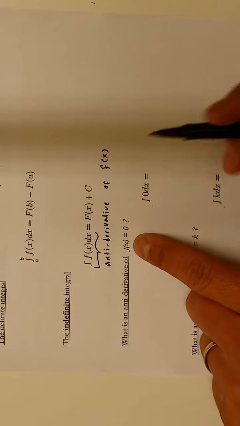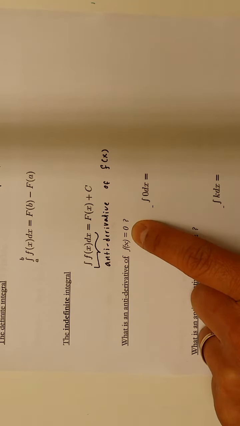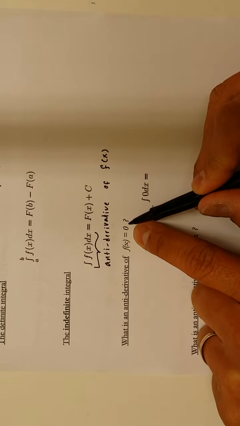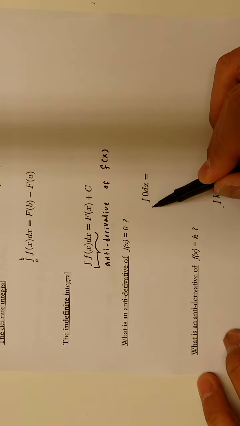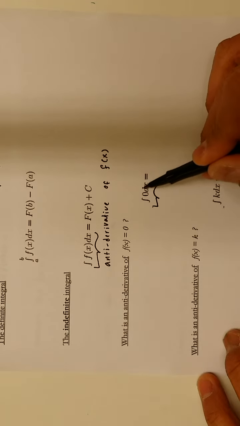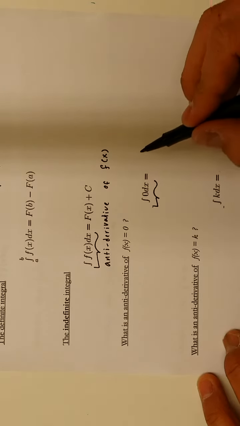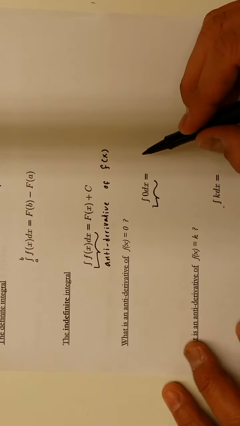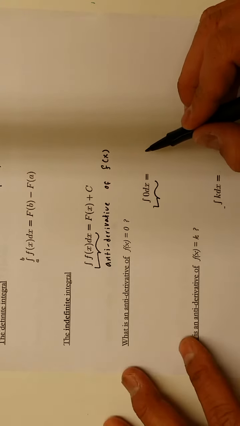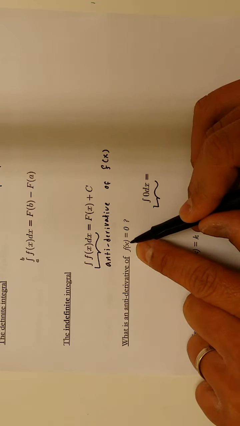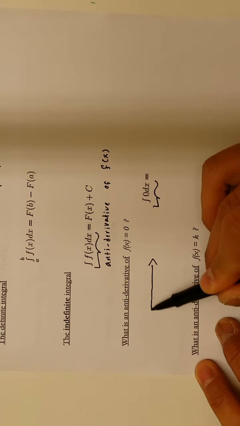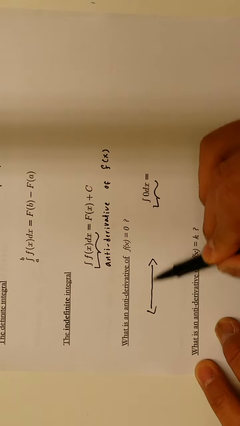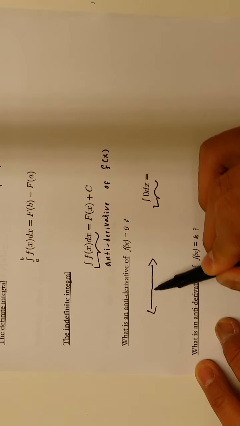Let's say little f is the constant function 0. What is the antiderivative of 0? The antiderivative of 0 is just a constant. If the derivative is equal to 0, then it has to come from a constant function, a horizontal line.